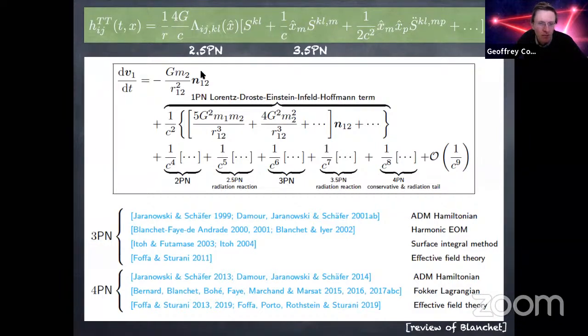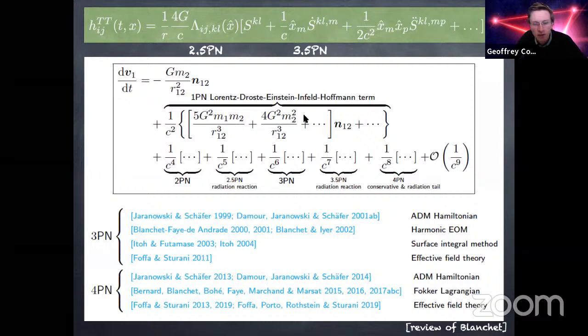So the Newtonian motion, and these different types of corrections, are first conservative, in the sense that they are described by a Hamiltonian and do not induce gravitational waves. They are just relativistic corrections due to the relativistic fields and the gravitational field generated by these bodies.